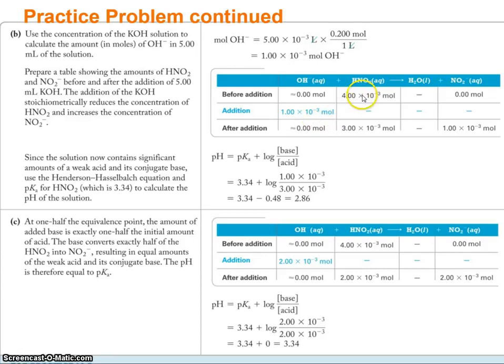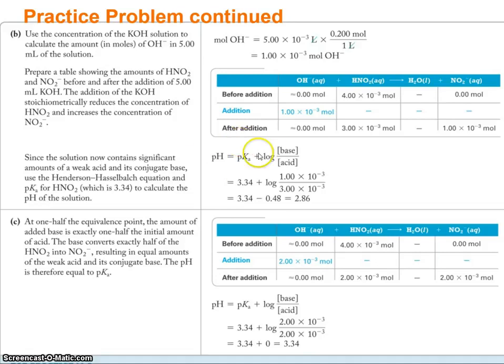I've got more acid than I've got base. So I've got leftover weak acid, so 3 times 10 to the minus 3 moles of nitrous acid, and I've made 1 times 10 to the minus 3 moles of NO2- nitrite. Right, I've got a conjugate base and a conjugate acid in solution.